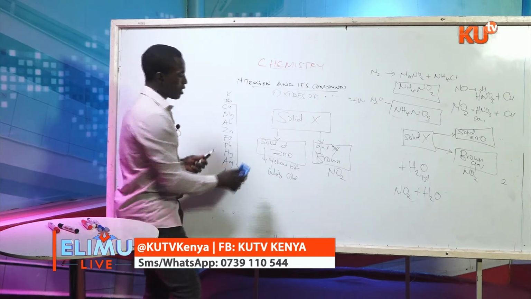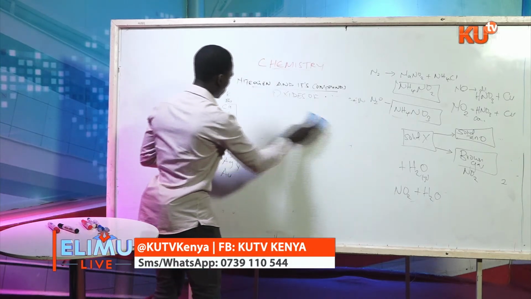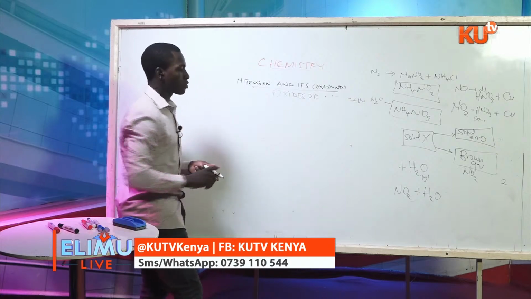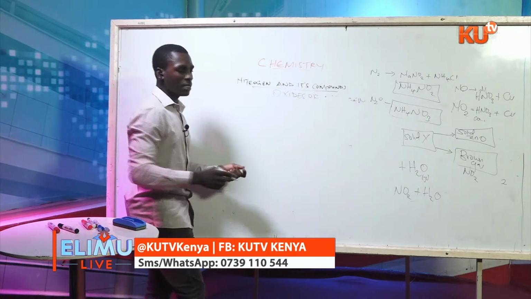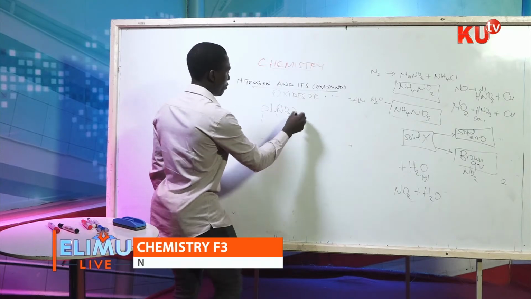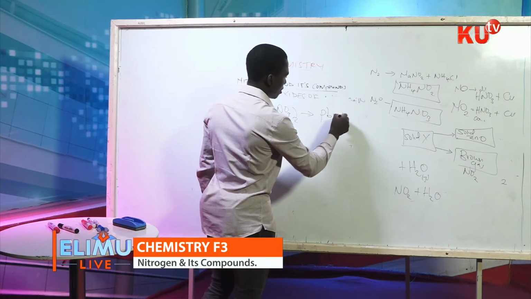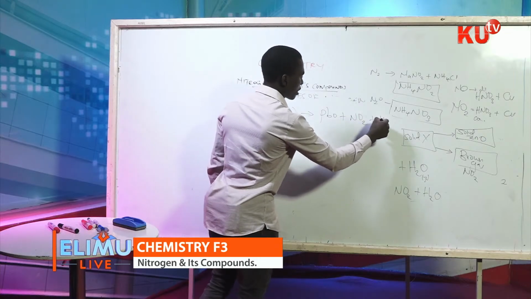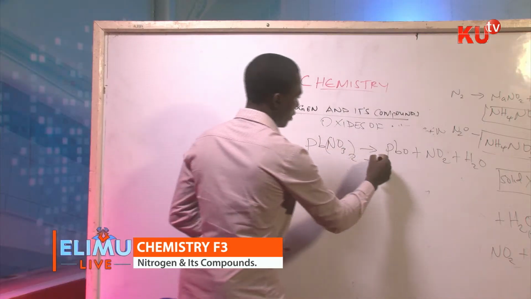Good. Also, apart from zinc, you should also know that they can question you about lead. If you heat lead nitrate, you'll obtain lead oxide, nitrogen 4 oxide gas and water. You should also know the color of lead oxide.